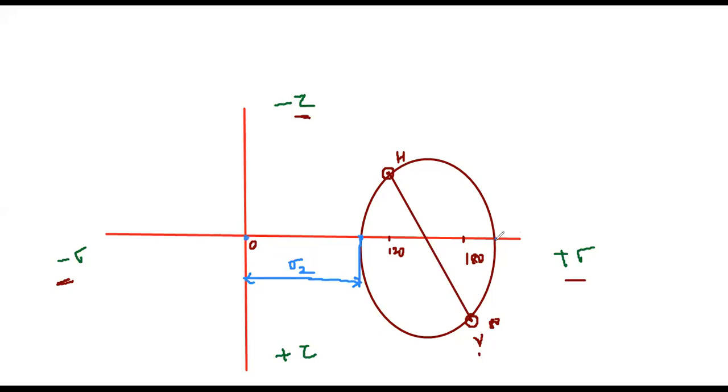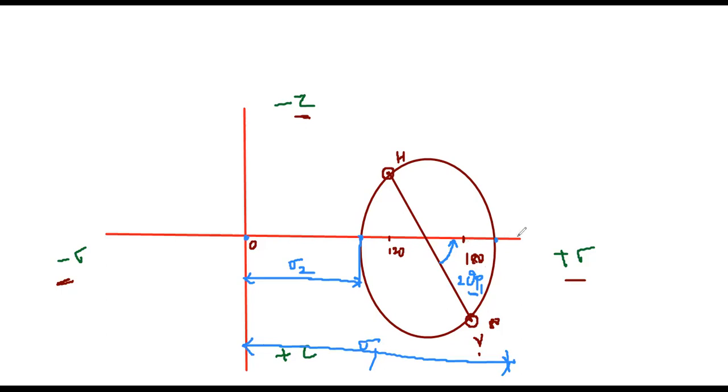From O to the extreme end of the circle, this will be sigma 1, the major principal stress. And the angle from here to here will be 2 theta P1, the angle or location of the major principal stress.